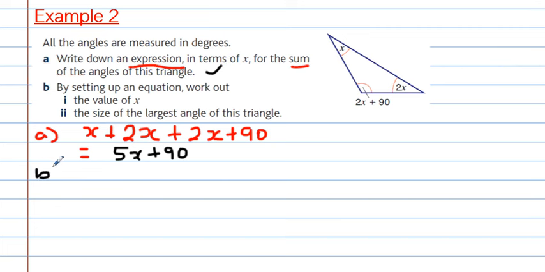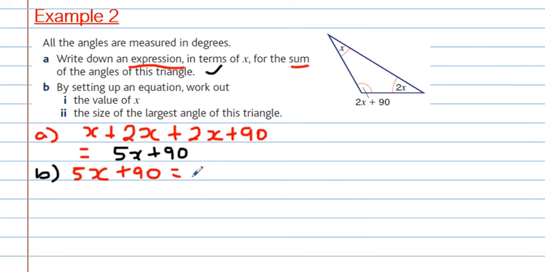The B part. By setting up an equation, work out the value of X. We know that all the angles in the triangle add up to 180. So we're going to use the expression which we got in A. Everything adds up to 5X plus 90 equals 180.